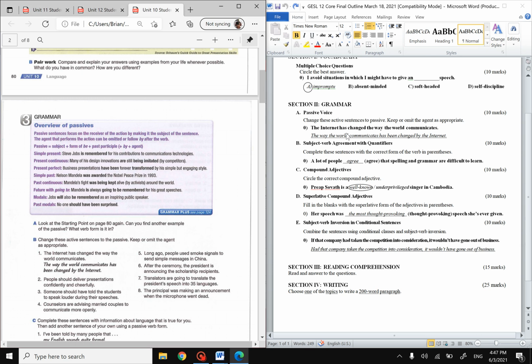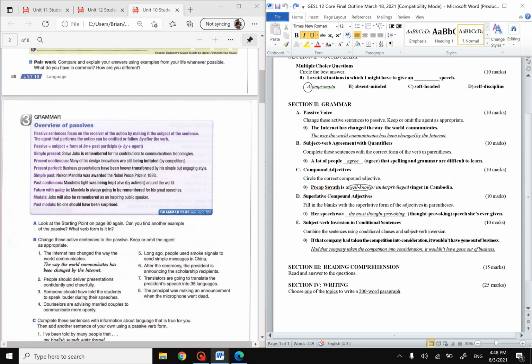In the example, the internet has changed the way the world communicates. Has changed here is in present perfect form, so you have to change it into passive in present perfect form. This one is subject plus have or has, plus been, and then plus verb 3. The subject here basically is the object, so you put the object to the front.